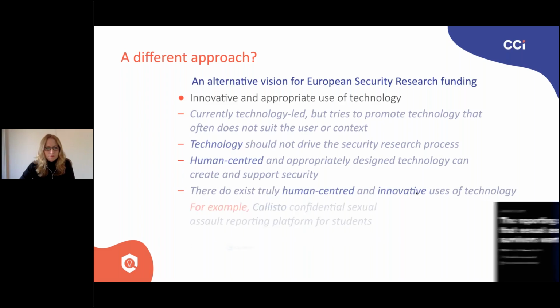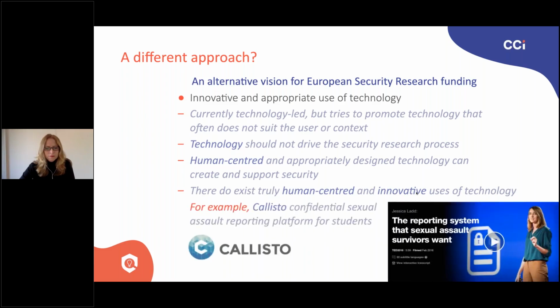A nice example of this is a system called Callisto, which is used for the reporting of sexual misconduct by university students in the United States. It's a system that's been very sensitively developed for what is potentially a quite harrowing time.